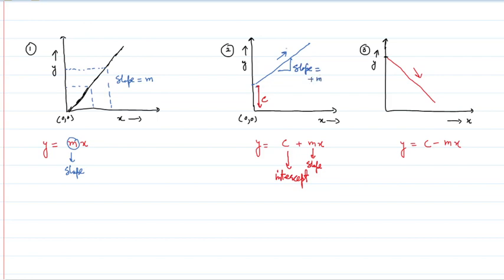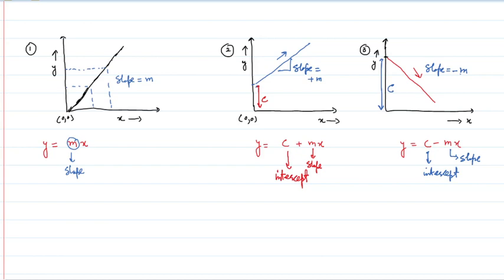That is why I have shown the arrow upwards. Now this will be again the intercept, this part from here to here, this will be simply c. But m is also slope, but the slope will be negative. So if you find the slope, that will come out to be negative.